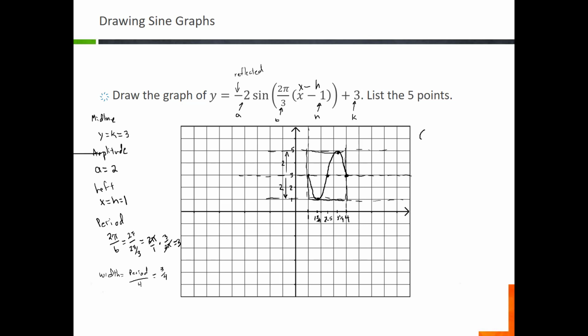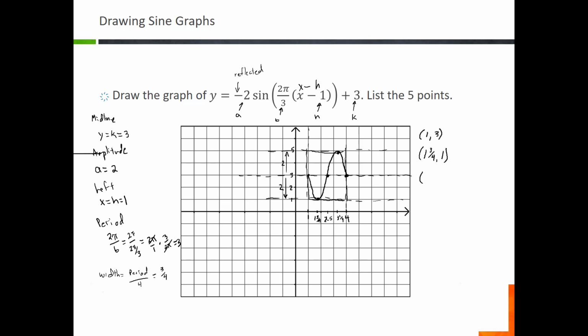The first point occurs when x is 1, and the y coordinate is 3. So there's the 1, 3. The next one is at 1 3/4, because each one of these is going to be 3/4 units apart. 1 3/4, and its y coordinate is down to the 1.